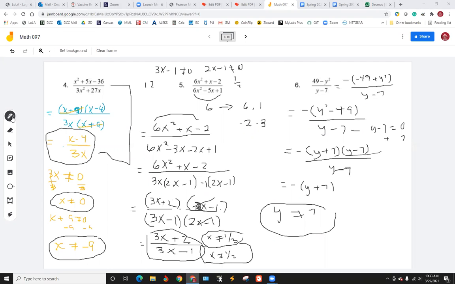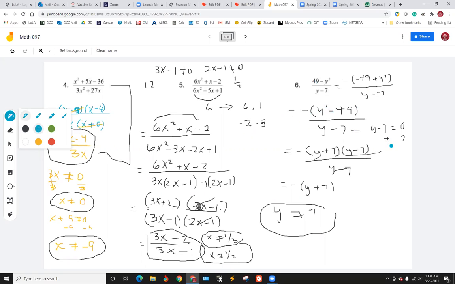It may be kind of hard to see why I'm doing this, but I just know from experience that if I factor out a -1, that's going to allow me to turn these around, because the 49 is positive and the y squared is negative. So if I just take a negative sign out, it's y squared minus 49.